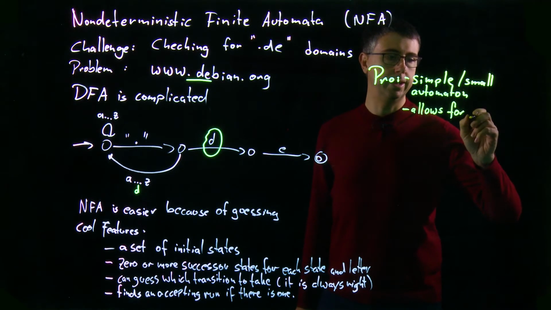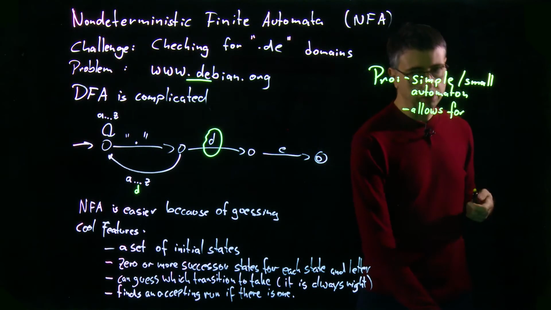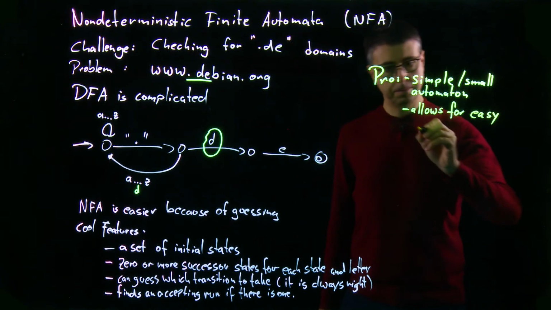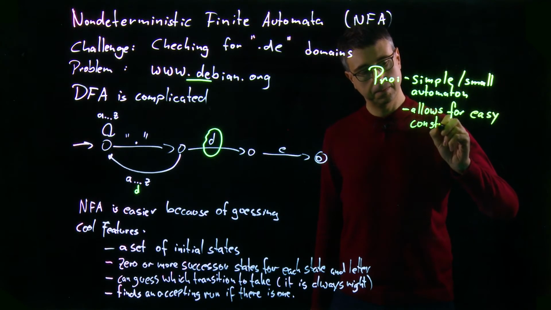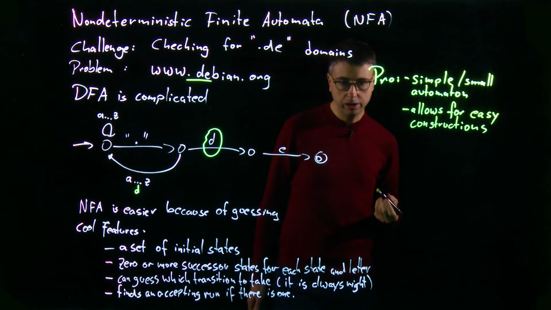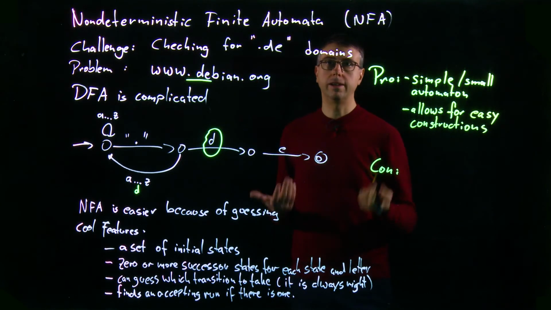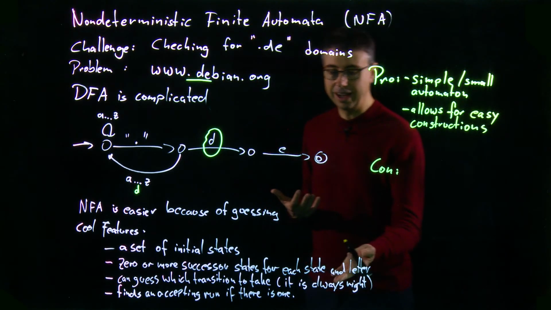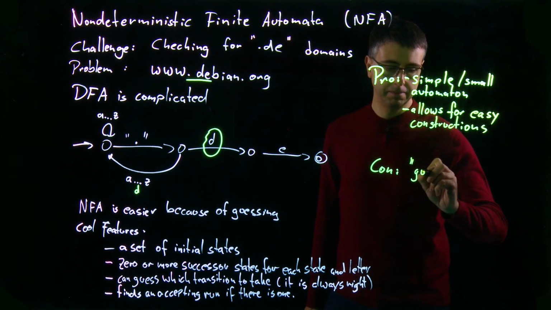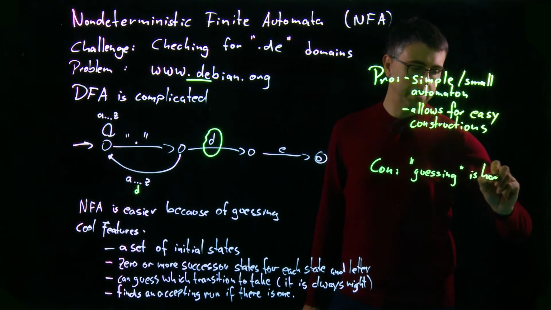That's something we'll see in later videos, that with the NFA we can do a lot of constructions quite easily. However, there's also a con, and the con is we cannot implement it on a deterministic computer. The thing that it's allowed to guess, that's really hard to implement. So the con is guessing is hard to implement in hardware or software.